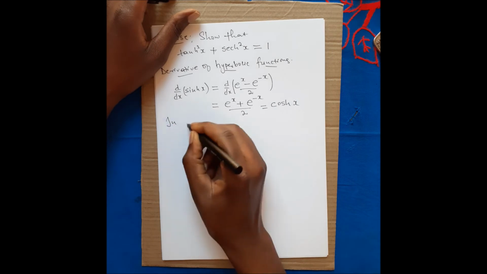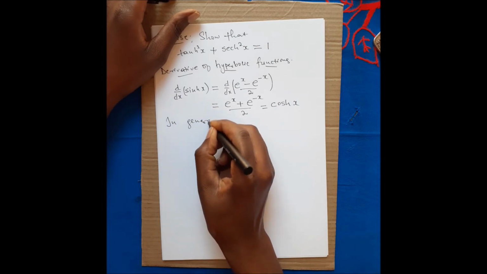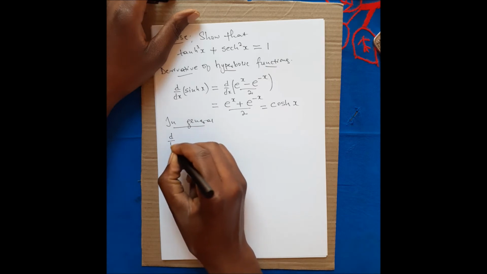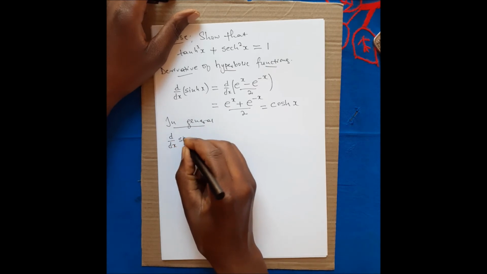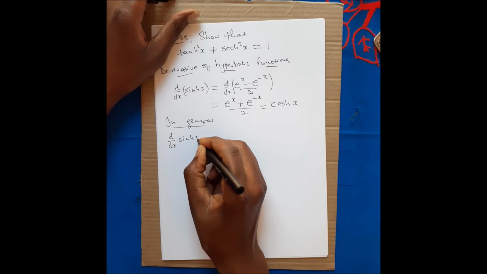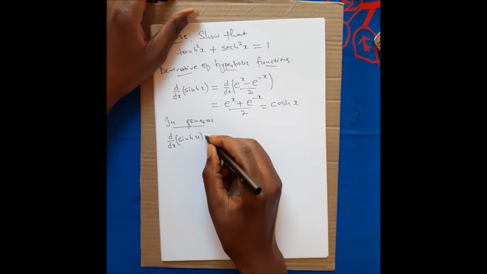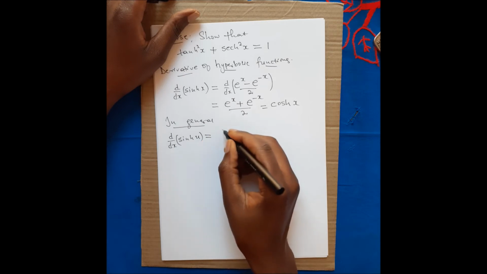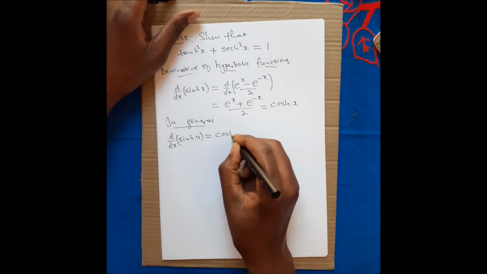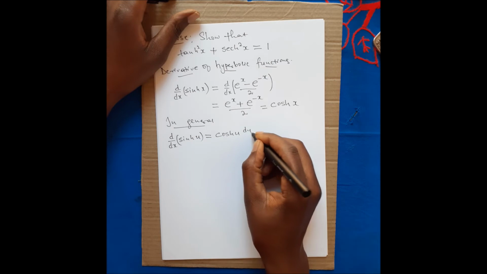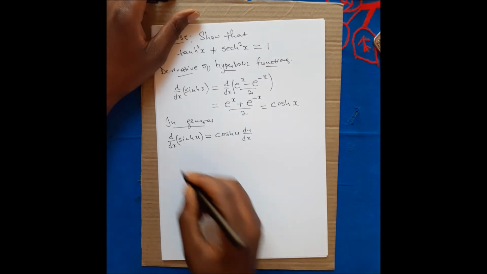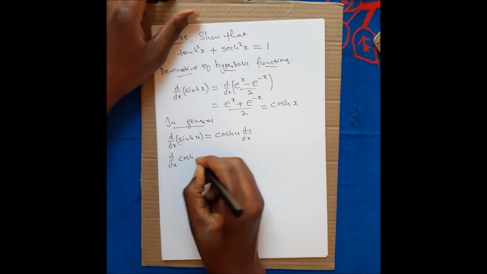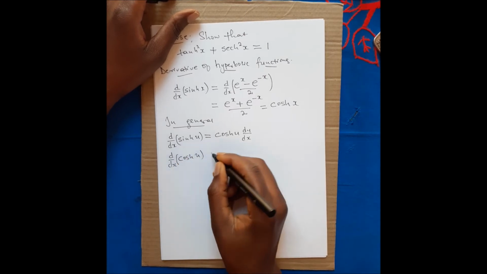So in general, what we need to know is that the derivative of the hyperbolic sine of u, sinh of u, is equal to cosh u du dx. Then the derivative of cosh u can be verified.